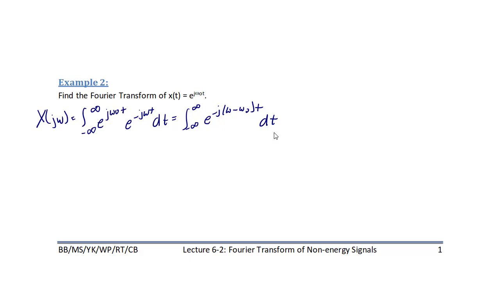And just like with example 1, you can immediately see that it is not possible to take the integral. So what you would do is try to do it with limits again.